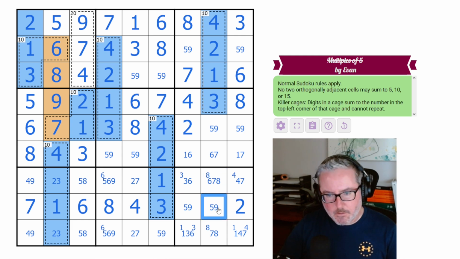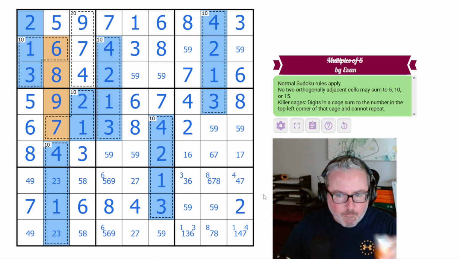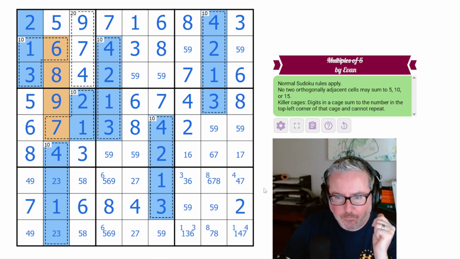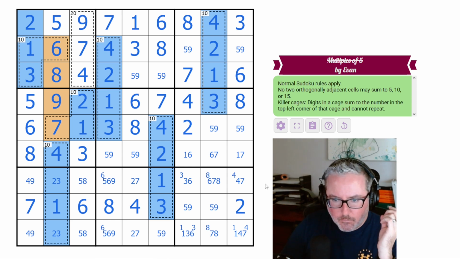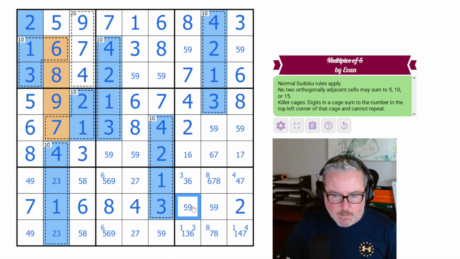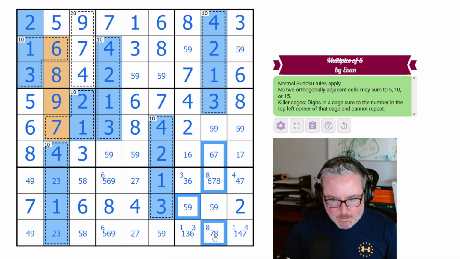Where the 6 goes is going to determine where the 9 goes, or vice versa. Come on, what is it? So if this was a, let's say this is a 9, that forces this to be a 6, this to be a 7, this to be an 8, and a 5. That seems to work.